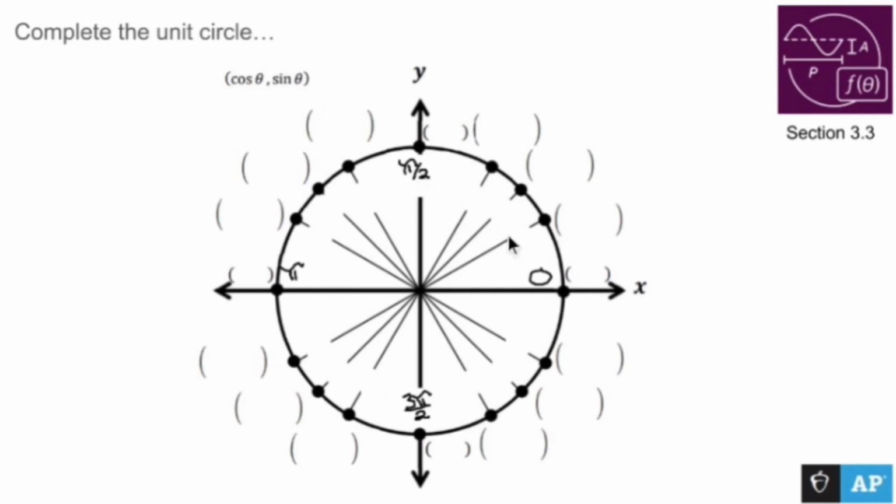So 1/3 of pi over 2 is going to be pi over 6. Half of pi over 2 is going to be pi over 4. And 2/3 of pi over 2 is going to be pi over 3, because it would be 2/6 pi, or yeah, 2 pi over 6.